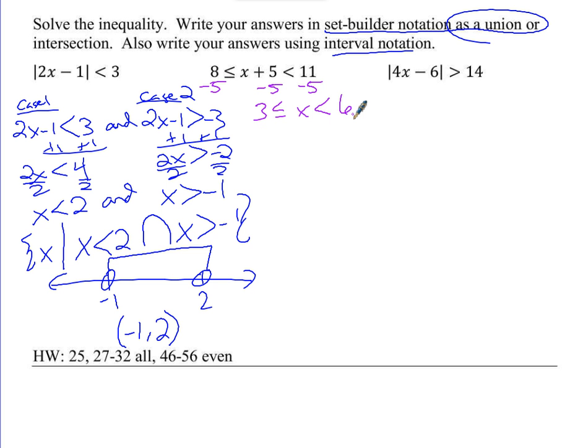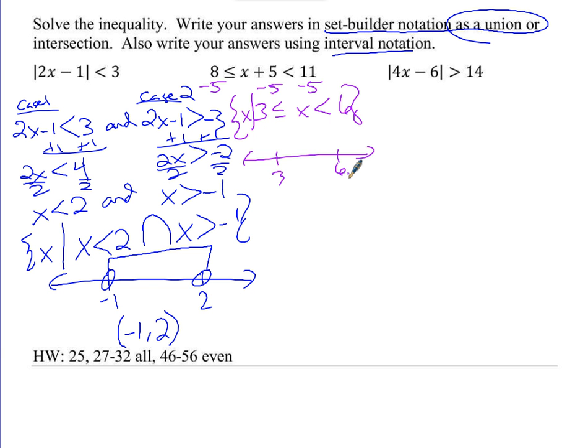We need to put that in set builder notation. Very easy to do that. There's no need for the union or intersection symbol there because we haven't written a word down. So that's the set builder notation. Now we need to graph it so that we can write interval notation. 3 and 6. X is somewhere between.